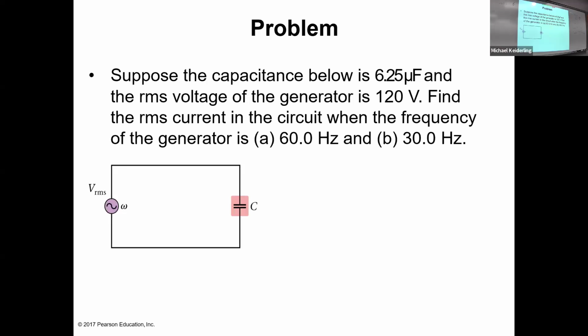So here, suppose the capacitance in this capacitor is 6.25 microfarads, and the root mean square voltage of the generator is 120 volts. Find the root mean square current in the circuit when the frequency of the generator is 60 hertz and at 30 hertz. So there's going to be different current at 60 hertz and at 30 hertz.